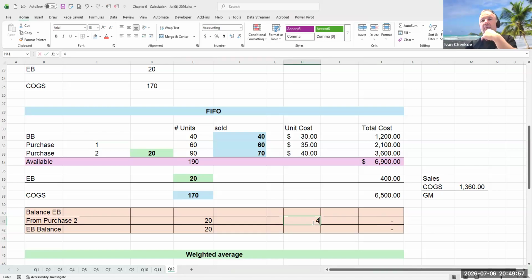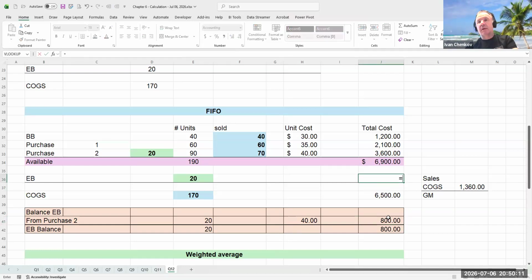So what does that make out my ending inventory? $800. So how much is my cost of goods sold under the first in, first out?